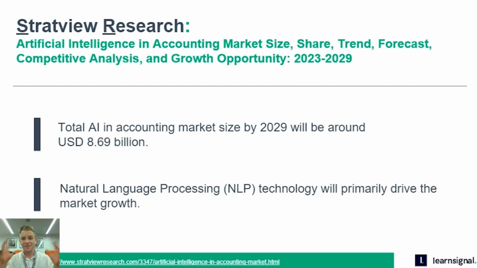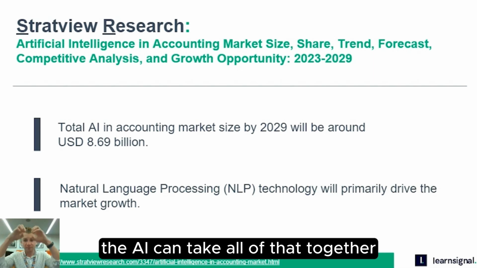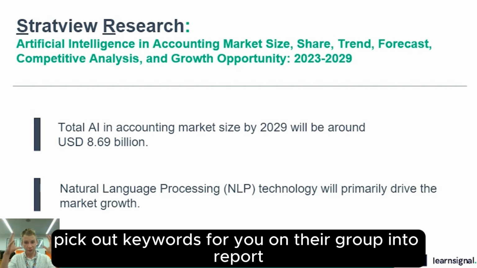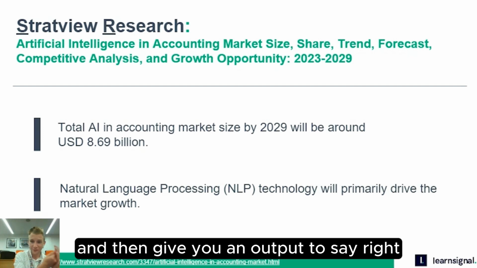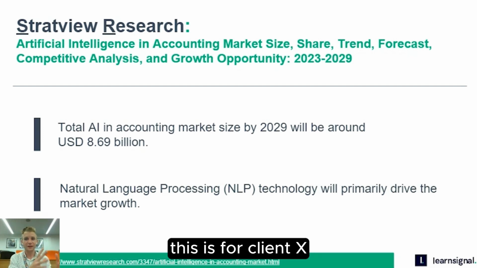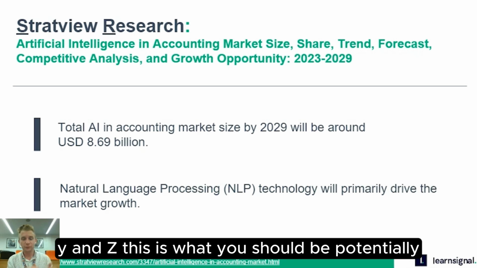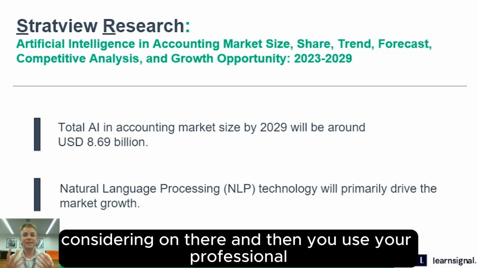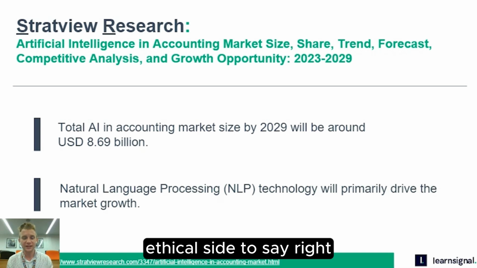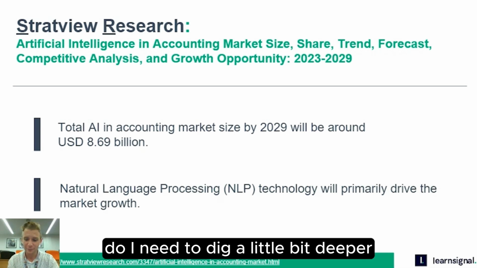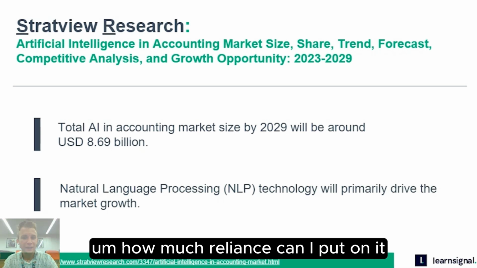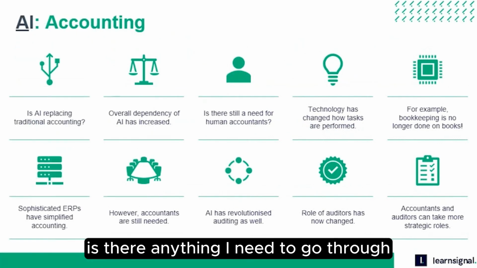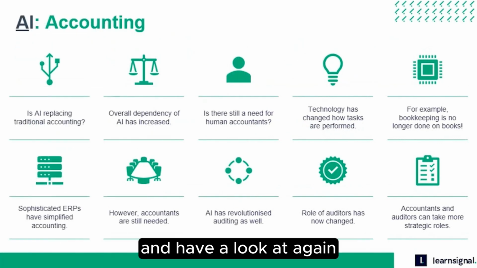The AI can take all of that together, pick out keywords for you, group it into a report, and then give you an output to say, right, here we go, James. This is for client X, Y, and Z. This is what you should be potentially considering. And then you use your professional, ethical side to say, right, do I need to dig a little bit deeper? How much reliance can I put on it? Is there anything I need to go through and have a look at again for a second check?